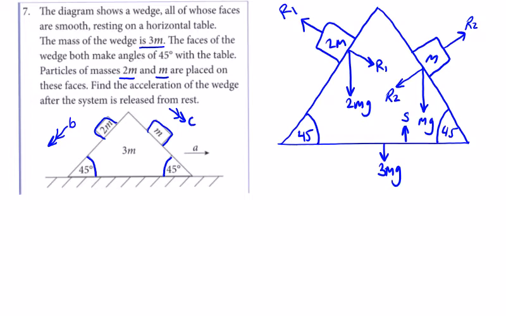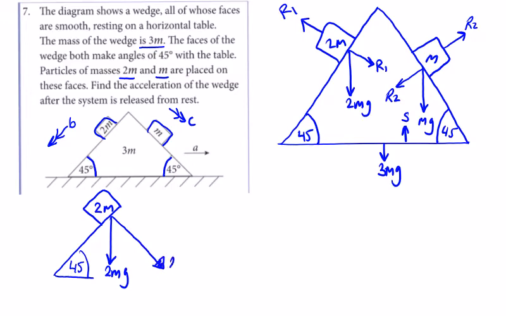So if we take them on their own, let's start with the 2m over here. I've got 2mg coming down, perpendicular to the plane.